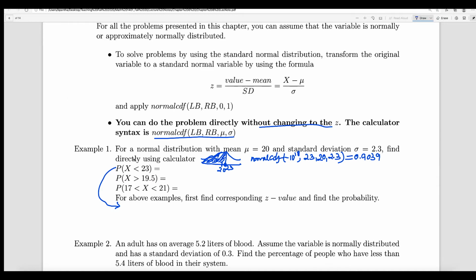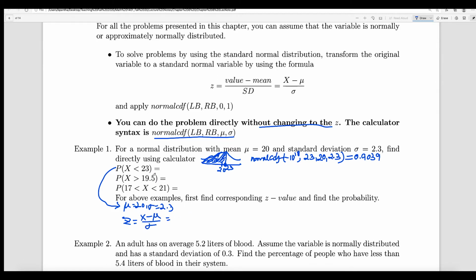Okay, so if you want to do the same problem by changing into the g, first of all, you need to find out the g value for 23. What is mu? Mu is 20, and sigma is 2.3. So g will be x minus mu over sigma.